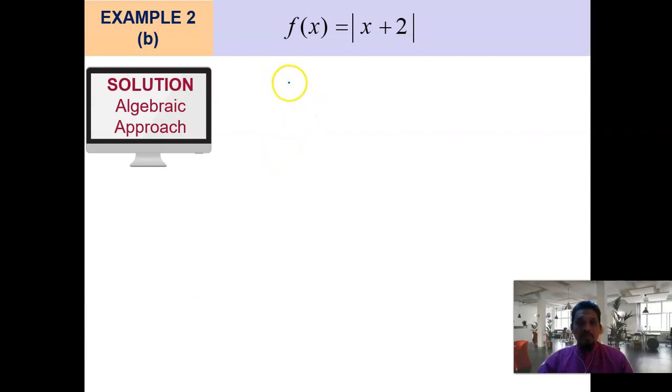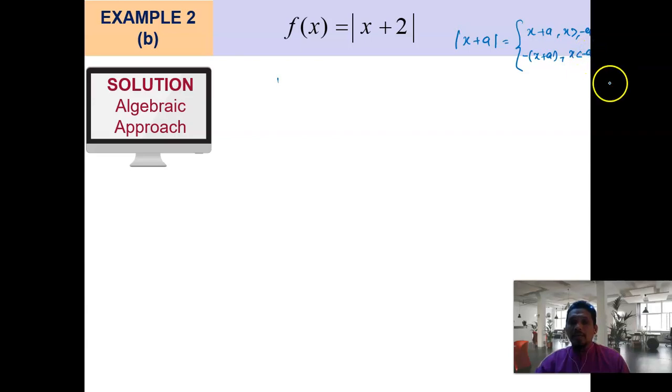Okay, algebraic approach. As we know, we refresh what we had learned in topic 1 or topic 2. The modulus of f(x) or x plus a is equal to, we divide into two definitions: x plus a for x greater than or equal to negative a, and negative x plus a for x less than negative a.